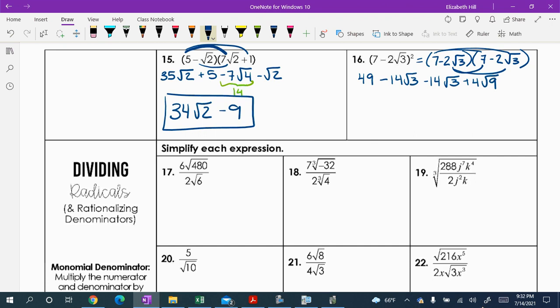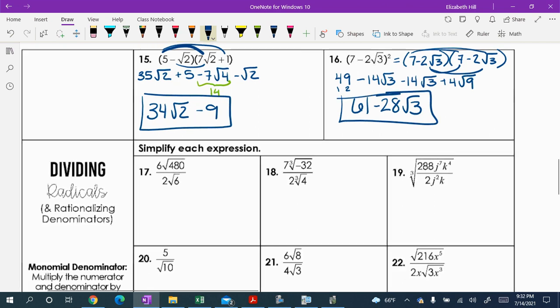Square root of 9 is 3, so 4 times 3 is 12. 12 plus the 49 that we have here, so 61 minus 28 square roots of 3.